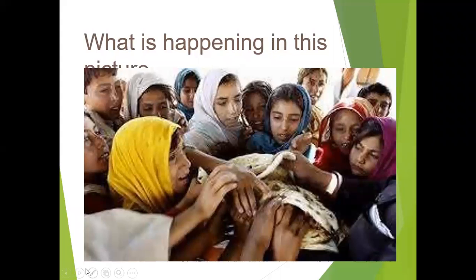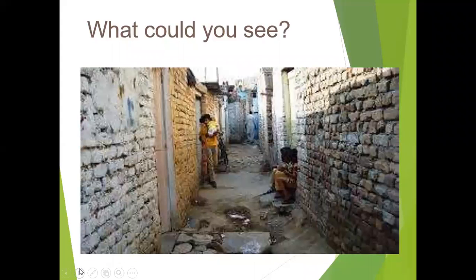All right, now let's see. This is another picture. All right, so what could you see in this picture? What kind of place does it look like? Is it very clean, very standard, and a very posh area?